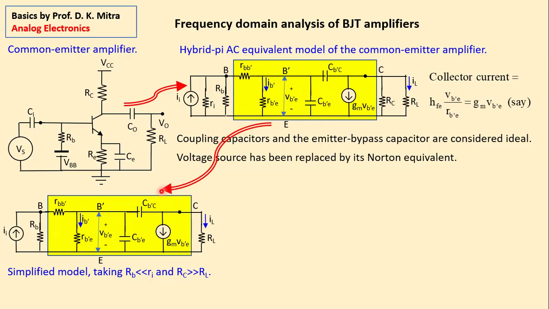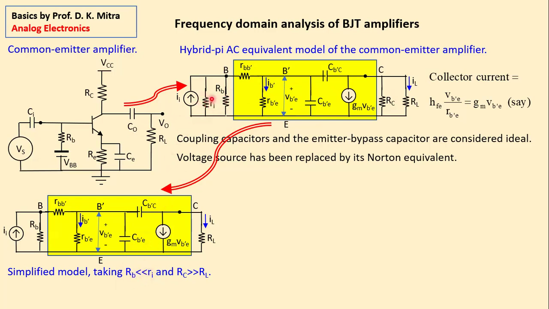So from here, what is the simplification we have done? Ri is much higher than RB.